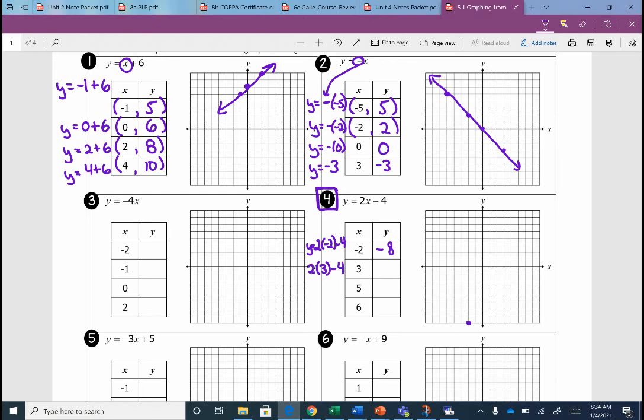Type it right in on your calculator right as you see it. Now, if you feel very confident with your computation skills, 2 times 3 is 6, -4 is 2. That's fine. You don't have to use a calculator. I'm just saying you can put it right in as you see it. 3, 2.